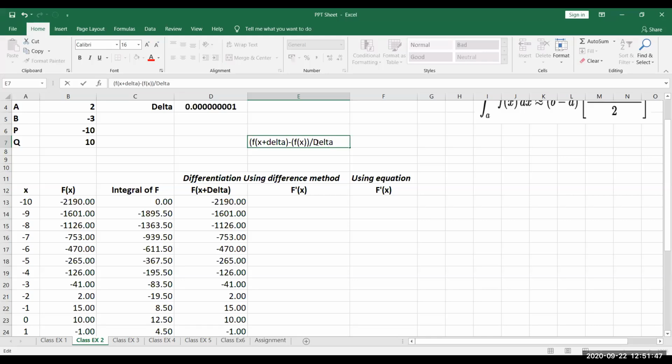So this is the first principle to find out the differentiation: f(x plus delta) minus f(x), divided by delta.